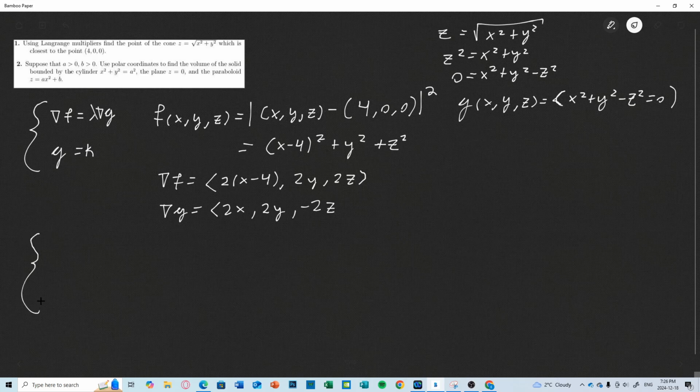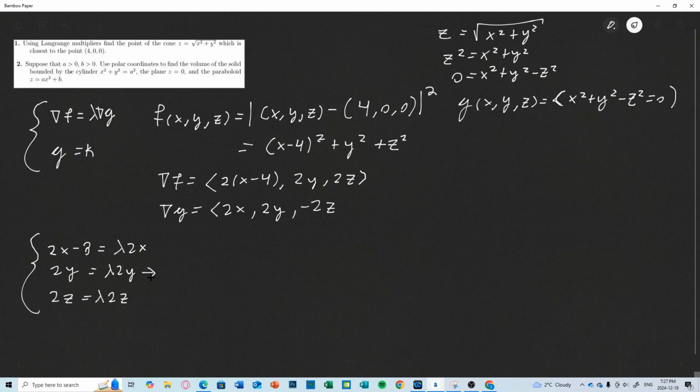So when we put this into our equation, the gradient of f equal to lambda times the gradient of g, this will give us 2x minus 8 equals lambda 2x, 2y equals lambda 2y, and then 2z equals lambda 2z.